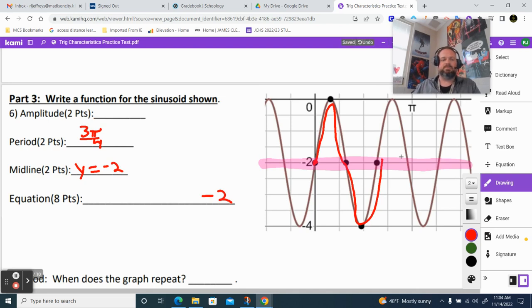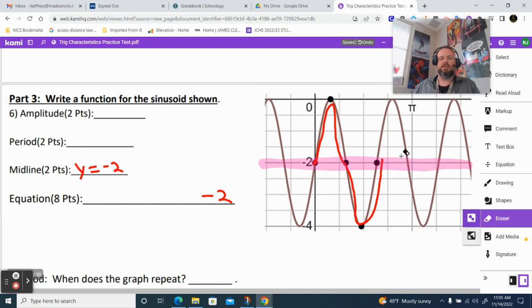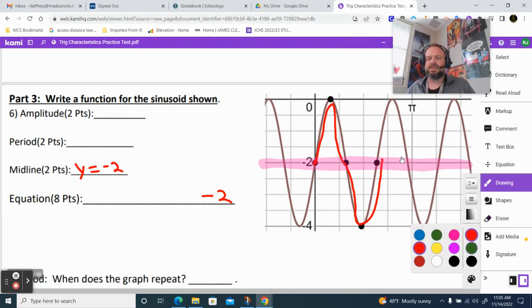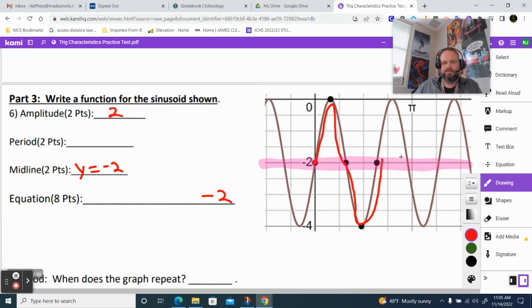Wait, that's not our period. I was about to say I'm going to come back and do the period. I forgot. So our amplitude, if this is the midline, from here to here goes 1, 2, and then 1, 2. So our amplitude is 2.